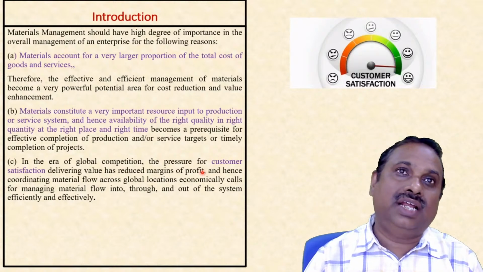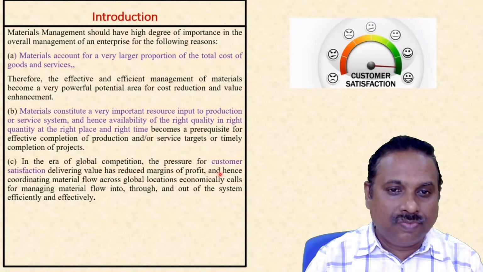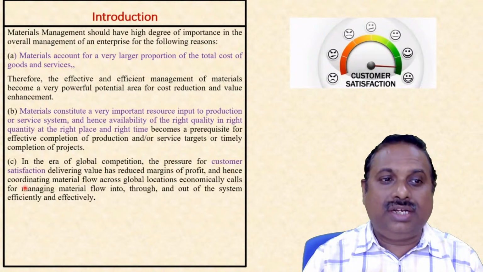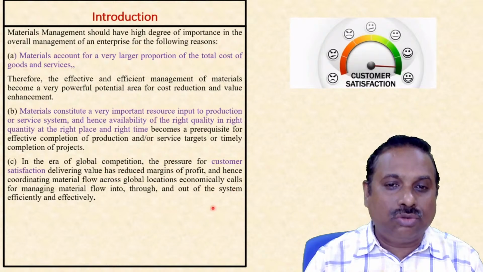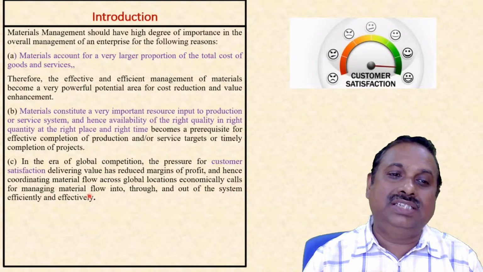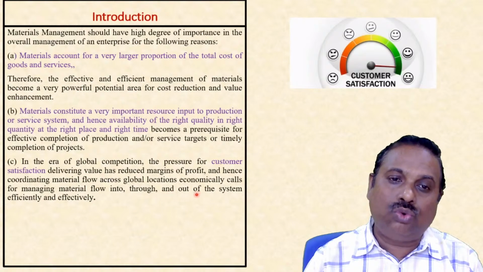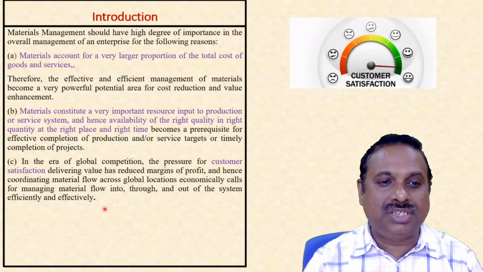Supply is high. There are n number of players. So coordinating material flow across global locations economically calls for managing material flow into, through and out of the system efficiently and effectively.